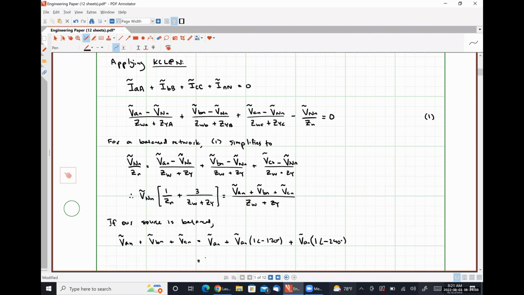Or we would have VAN multiplied by one angle 0 degrees plus one angle negative 120 degrees plus one angle negative 240 degrees.